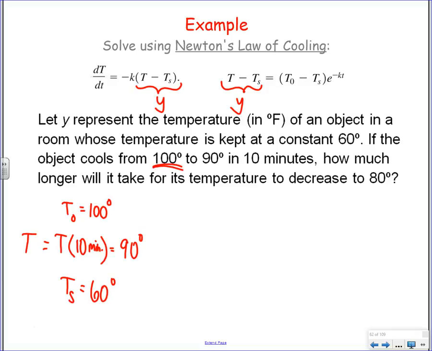So how can we use all that? Can't we plug and check? Okay, so what would be the change from where we are now to the room temperature? Where we are now, 90. So 90 minus 60 equals 100 minus 60.